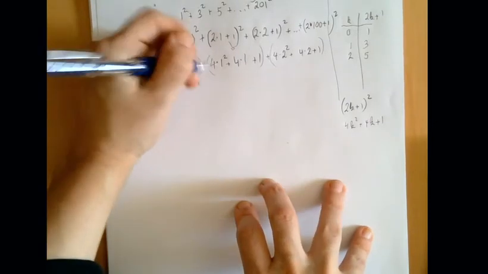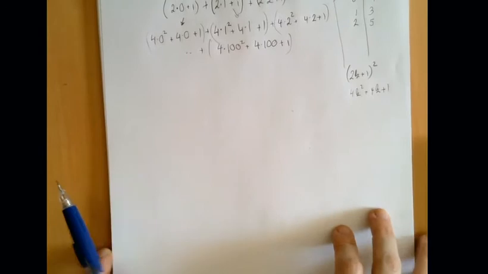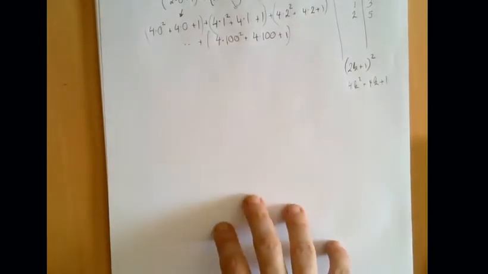All the way till 4 times 100 squared plus 4 times 100 plus 1. At this point, you can use really long lines, or you can use summation notation. What I use is sort of a rectangular arrangement.